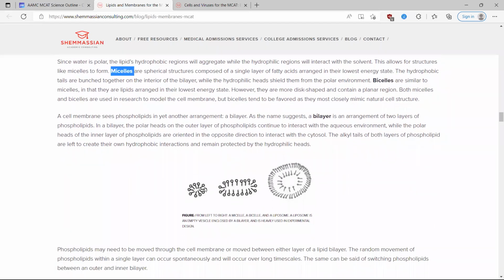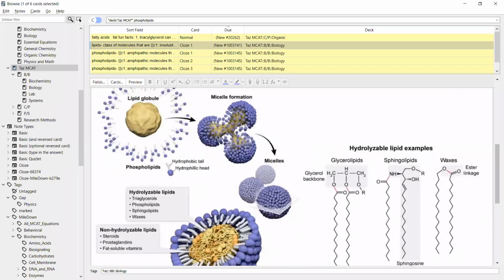So my cell looks like this, and I think I have a better picture here. My cell looks like this, like a ball. And the way that the ball works is that all of the nonpolar stuff is facing inwards towards the core, and all of the hydrophilic or the polar heads are facing outwards. So this is very efficient, right?